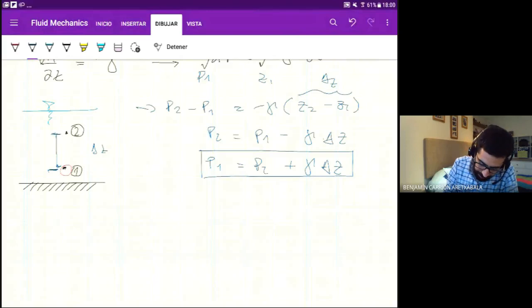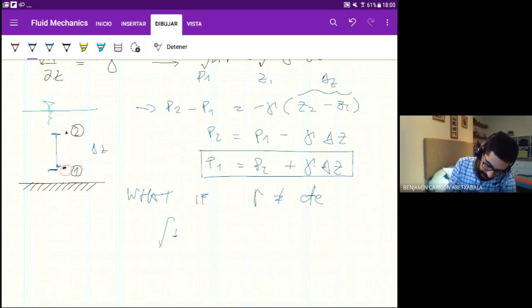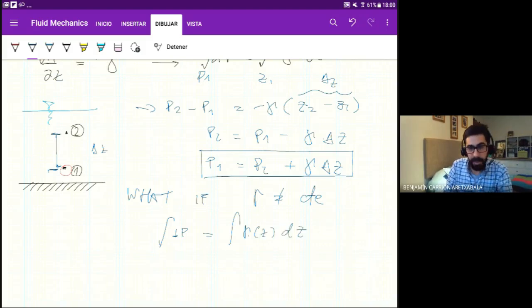So what if gamma is not constant? For instance, in air, in the atmosphere. In that case, you have your integral of dp, and then you have your integral of gamma, which might be a function of z, dz. So gamma, or actually rho, the density, might be changing with the depth, which is the case in air.